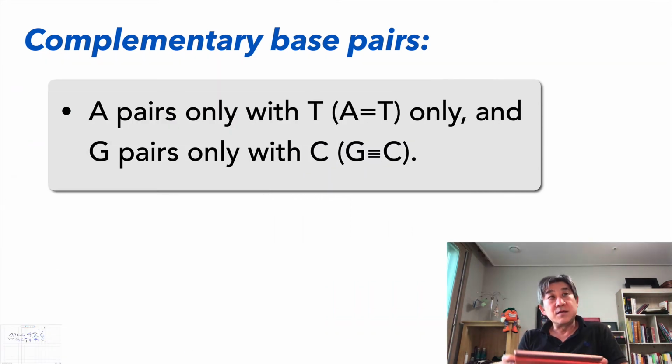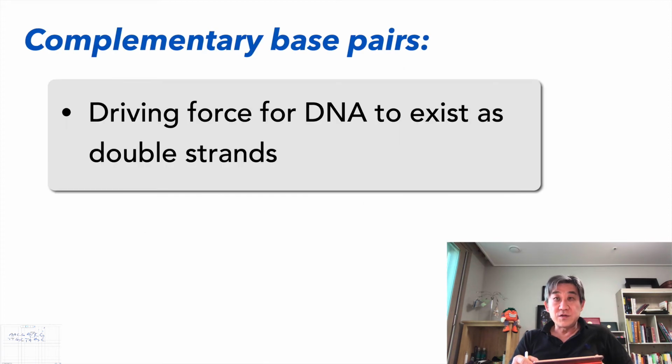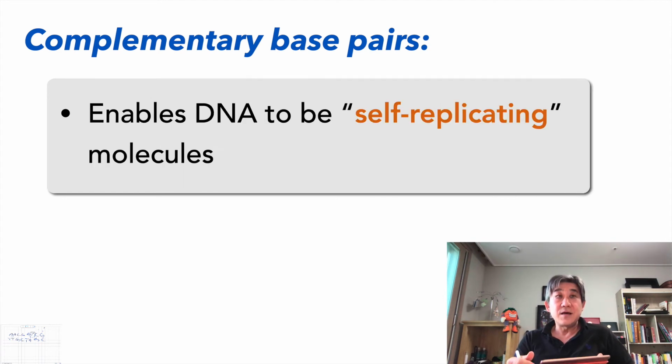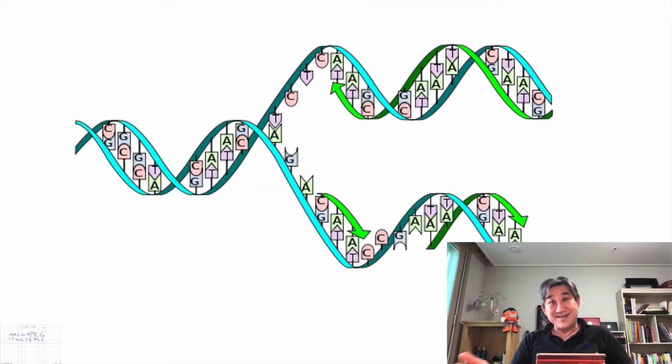So that's why it is called a complementary base pair. In other words, complementary base pairs in DNA exist as a double strand, and it enables this self-replication capability.